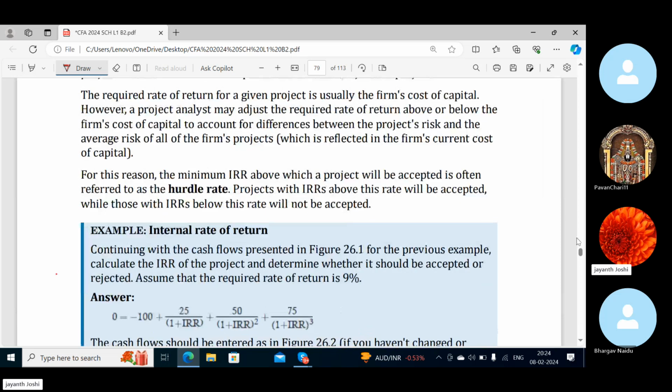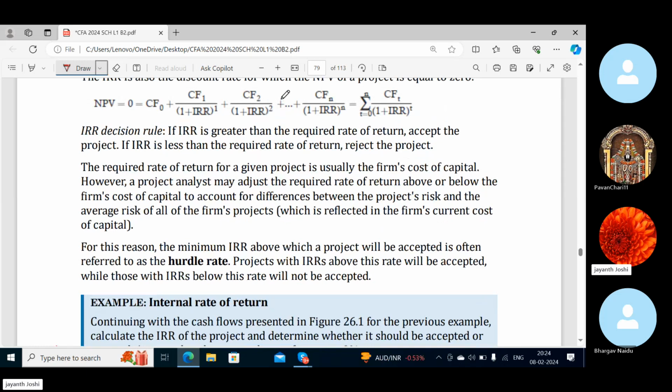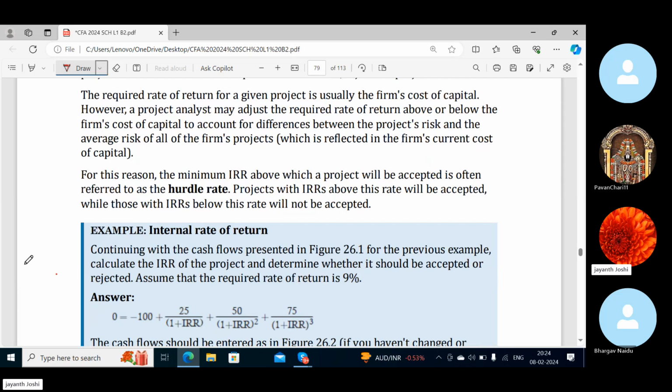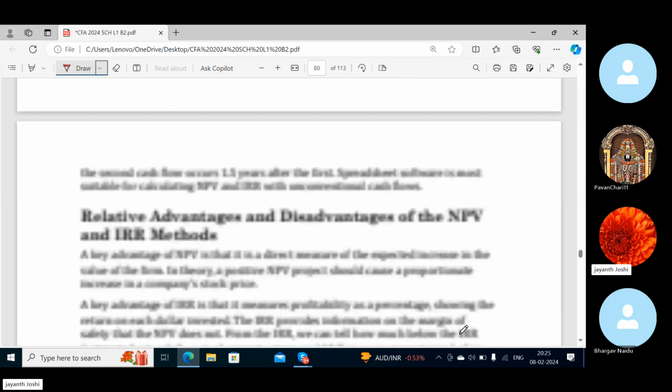One point I would like to explain to you. Yesterday we discussed that IRR is nothing but the cost of capital at which the NPV is zero. Fine. Now there is an NPV rule and an IRR rule. I'll write it separately here.